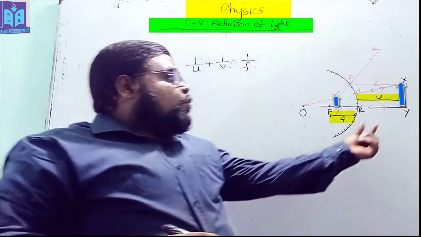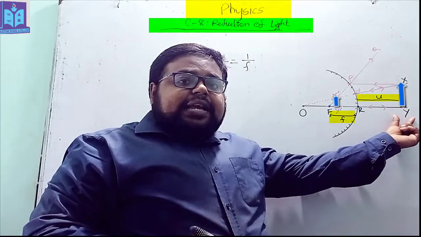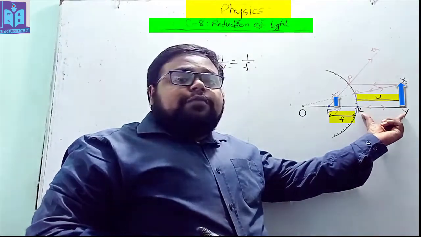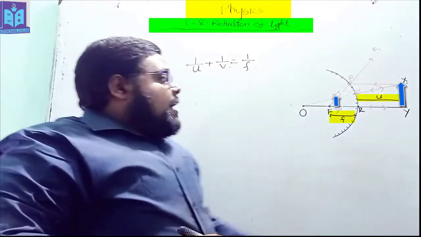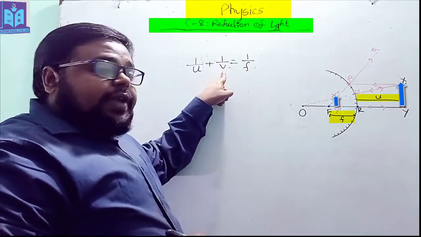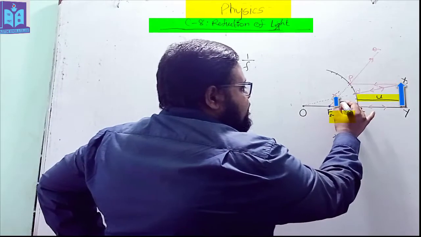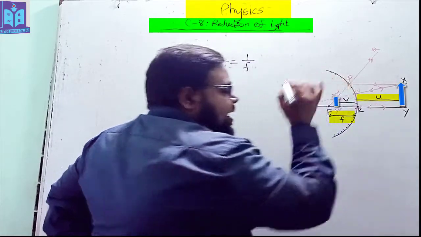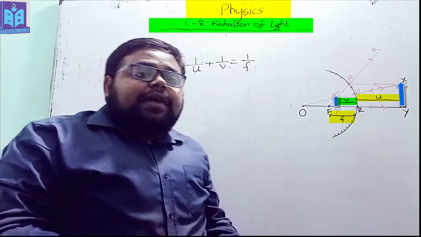That means at which place the object is situated in front of the mirror. By using these two values we can find out V. That means we can easily find out at which place the image will be created.